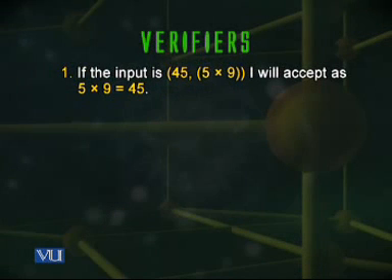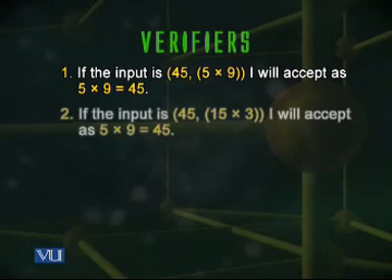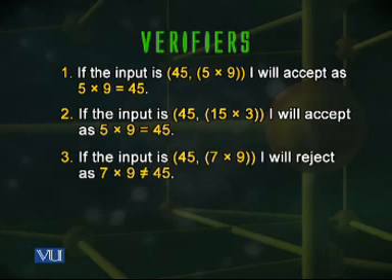If they do, I will accept this proof. Let's go back to our example. If the input is 45 and 5 cross 9, I will accept this because 5 times 9 is equal to 45. If the input is 45, 15 times 3, I will also accept this pair, because 15 times 3 is 45. However, suppose the input is 45 and the proof is 7 cross 9.